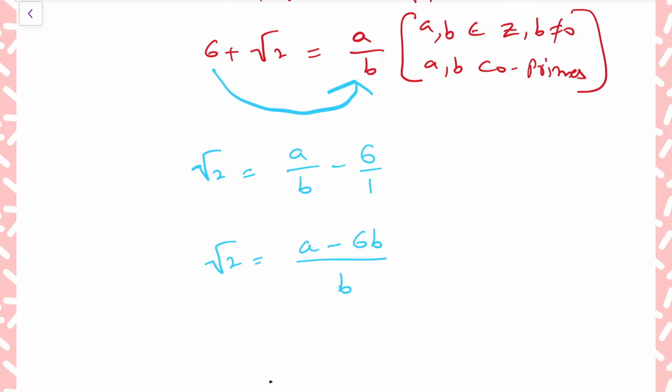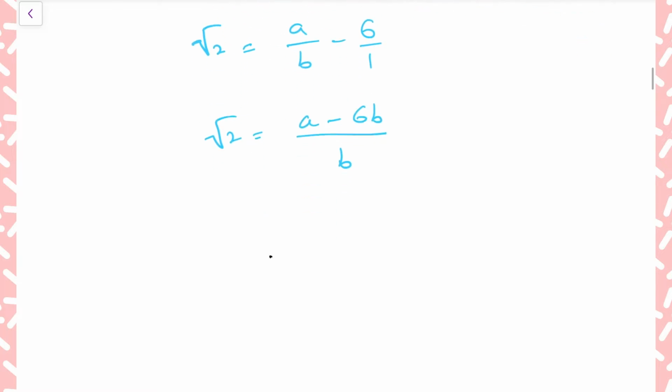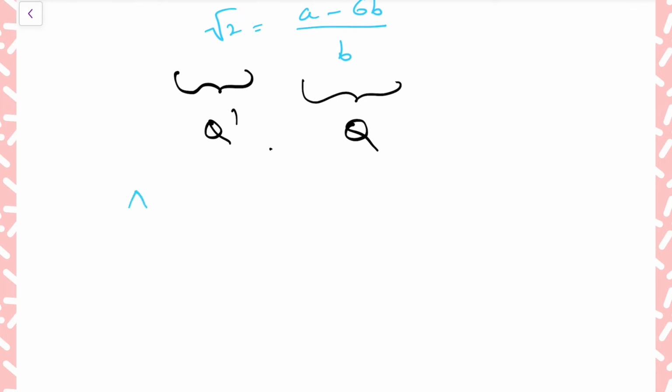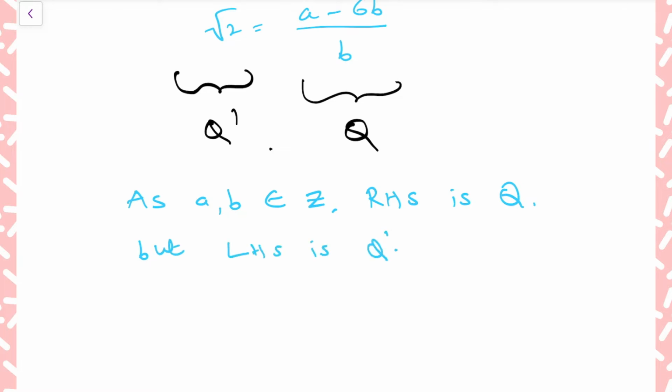Okay, now according to the condition, A, B both are integers, right? So here in the place of A and B, whatever integer you substitute, this right side part we will always get a rational number only, whereas this left side root 2 is an irrational number. So we need to write here: A, B are integers, RHS is rational, but LHS is irrational.